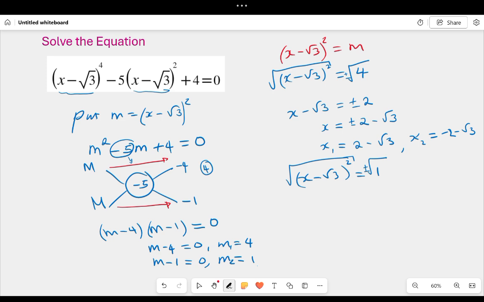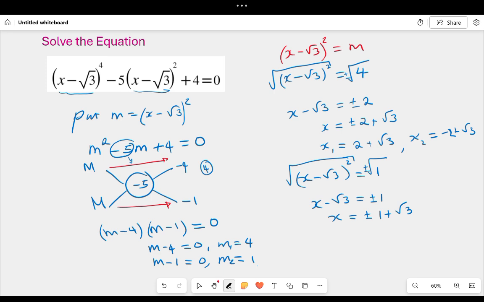Here we are going to have x minus the square root of 3 is equal to the square root of 1, which is plus or minus 1. Which means our solution, therefore, x will be equal to plus or minus 1 plus the square root of 3. All right, so apologies here. Over here, it's supposed to be plus in both cases.